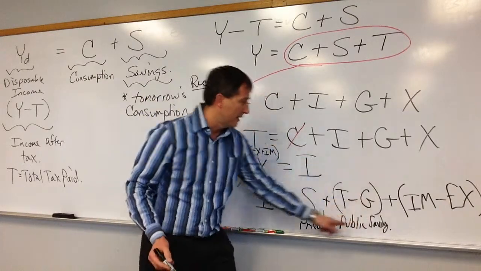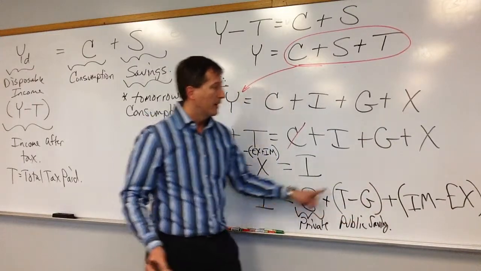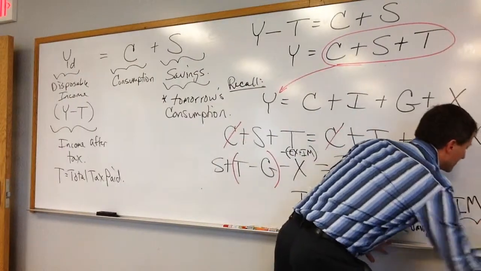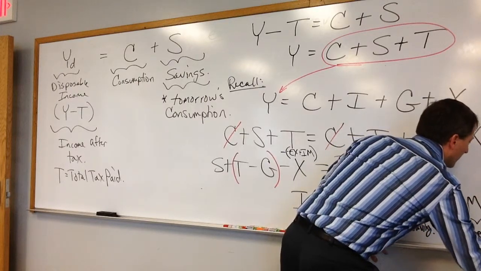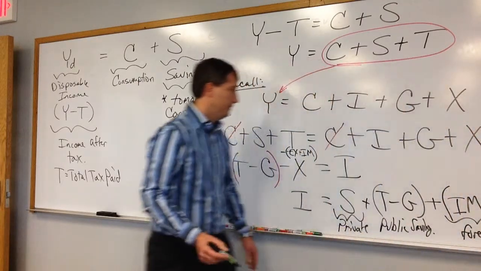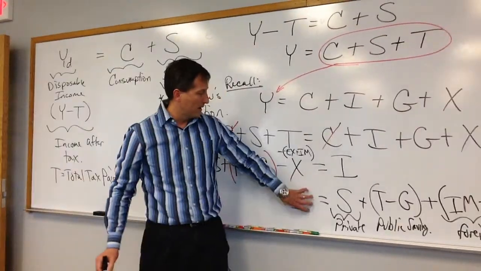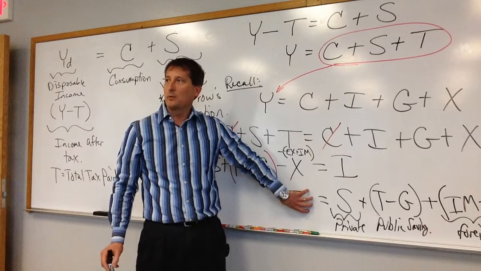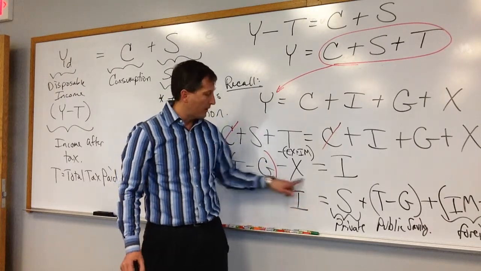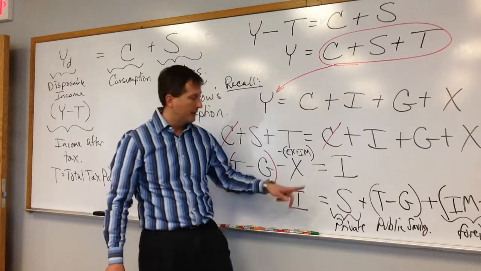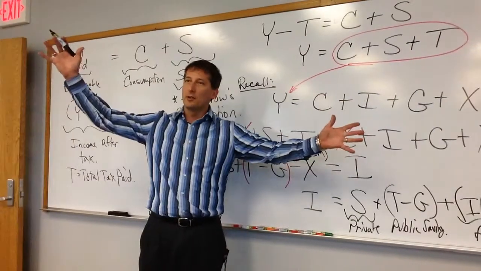So all of this is within our nation, this part of the equation. And then this last chunk is foreign savings. So what we're left with is that our investment in capital, machines, buildings, new construction homes, all of that gets funded by these three pieces at the macro level.